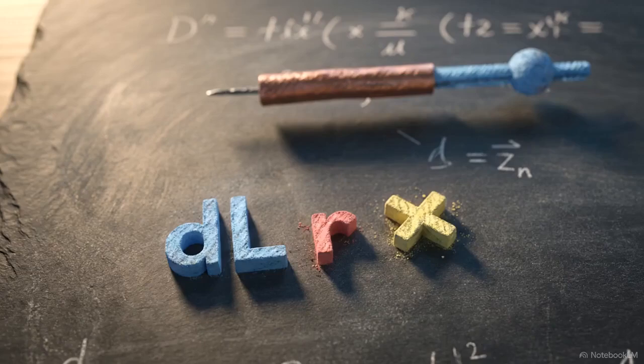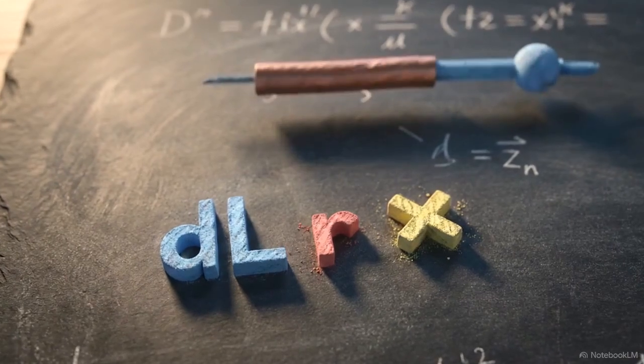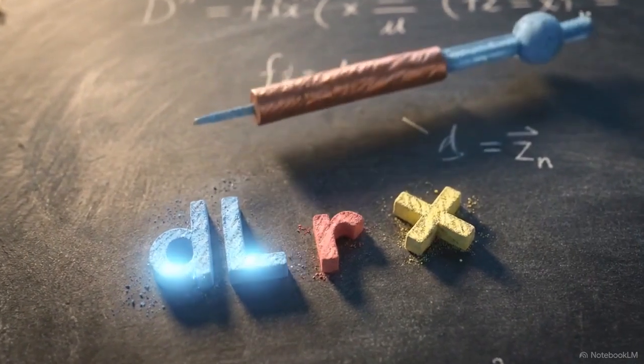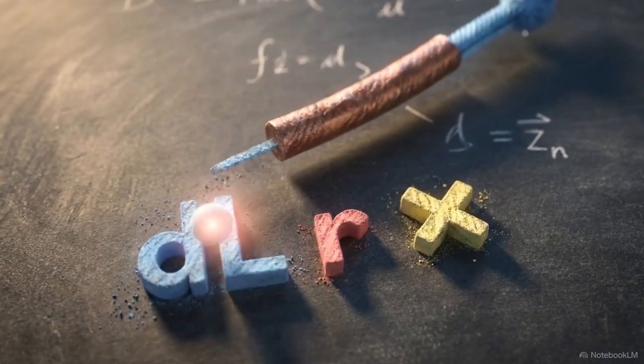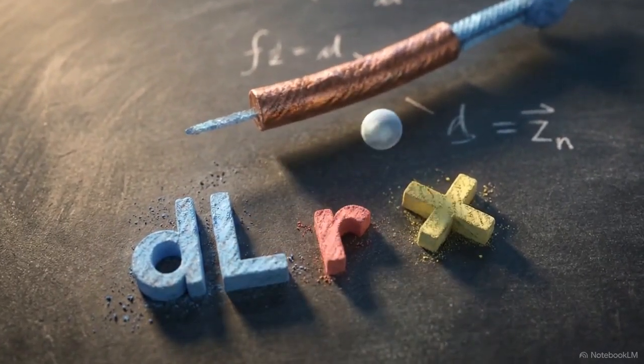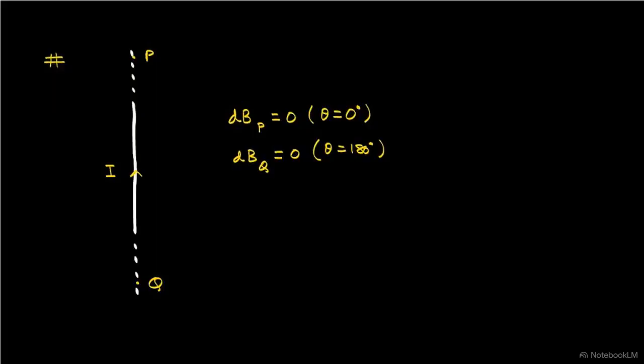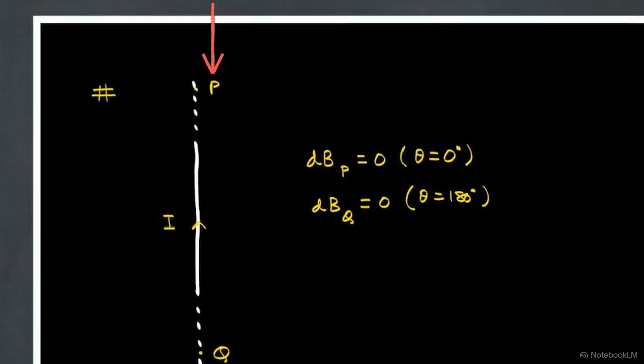This powerful cross-product formulation encodes both the physical magnitude variations and the orthogonal spatial geometry into a single, highly efficient mathematical operation. We can verify this vector model by testing boundary conditions. Here, we map 2 observation points, P and Q, sitting directly on the axis of the current flow. At point P, the observation is directly ahead of the flow, making the angle theta 0 degrees.